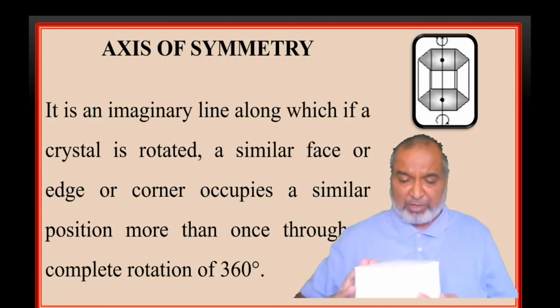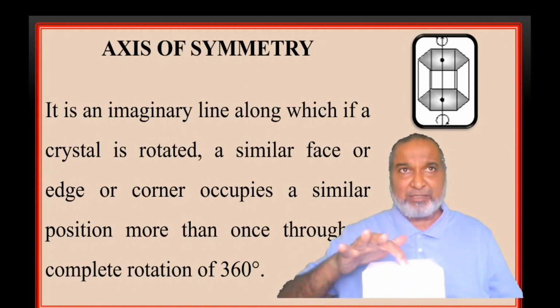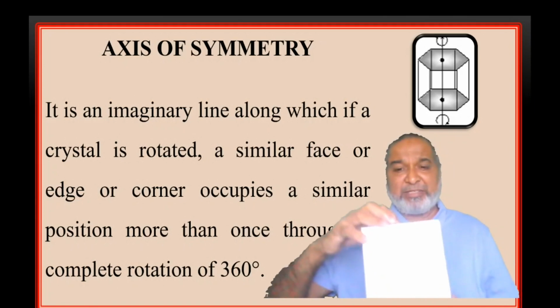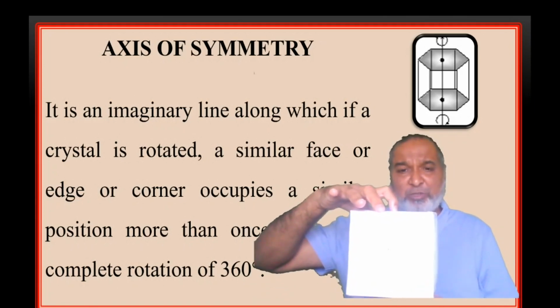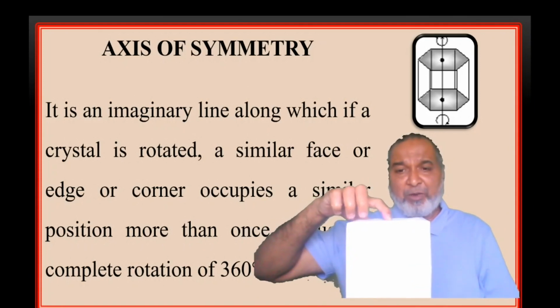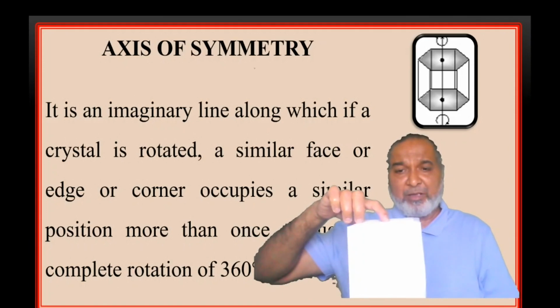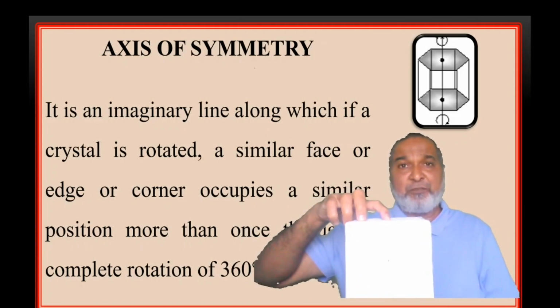Now I'm holding this one along this axis. This mark is there, that is the point. Now I'm going to rotate through 360 degrees along this imaginary line. 90 degrees, one phase; 180, second time; 270, third time; and 360, fourth time.